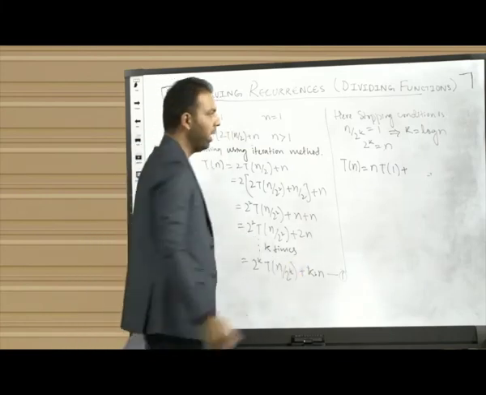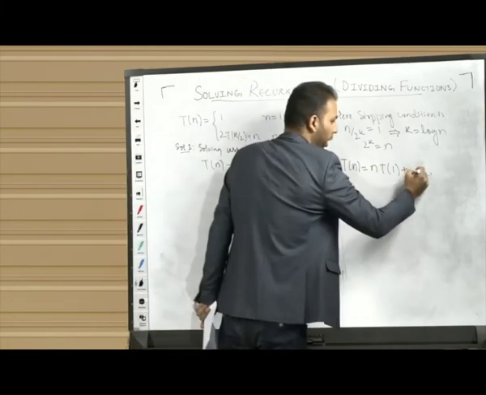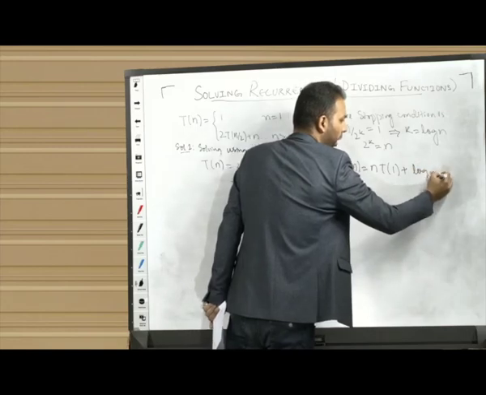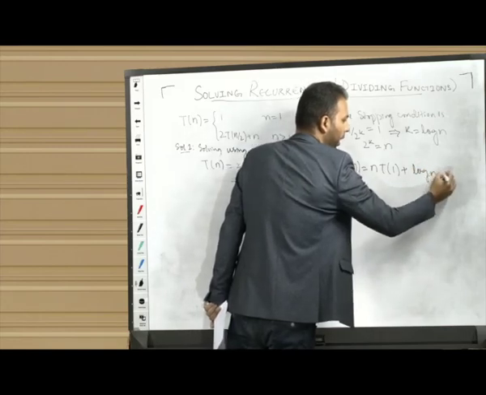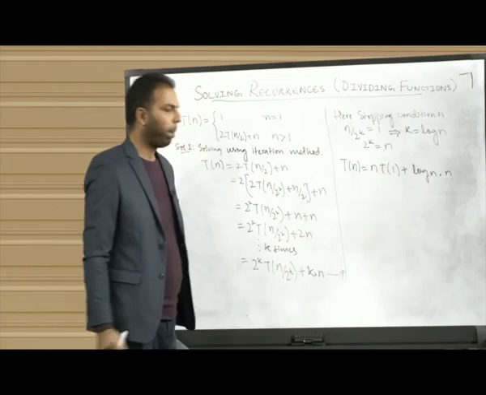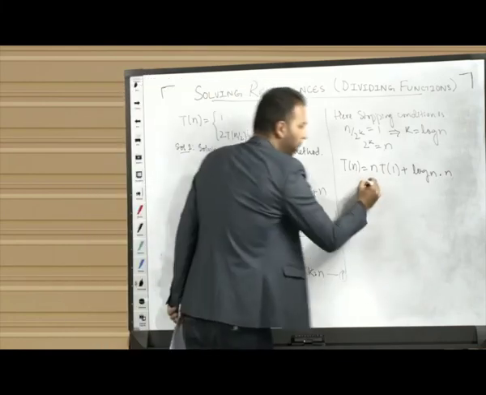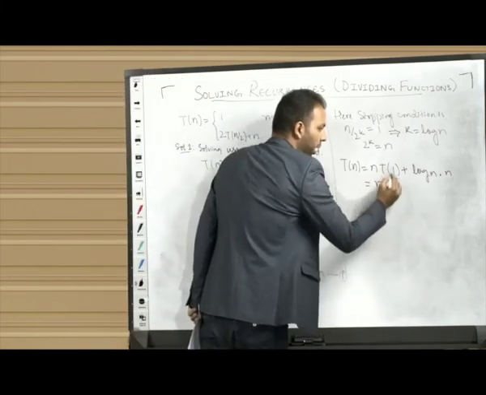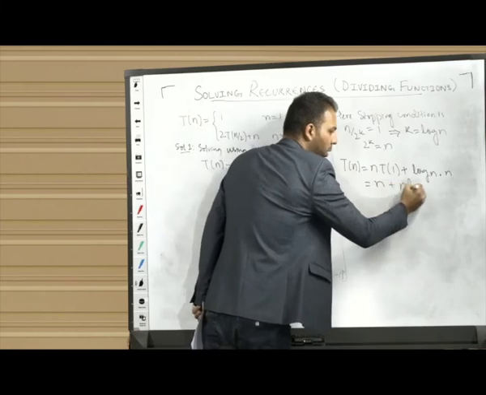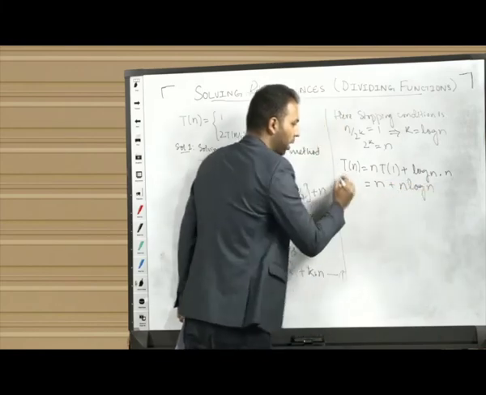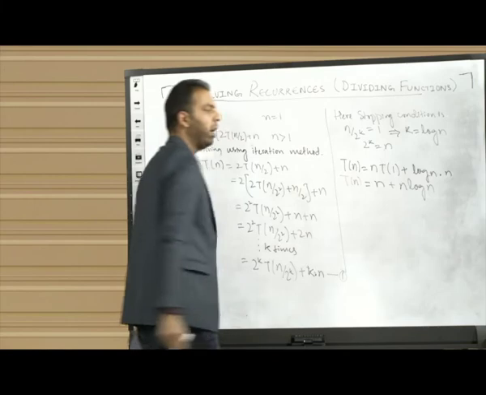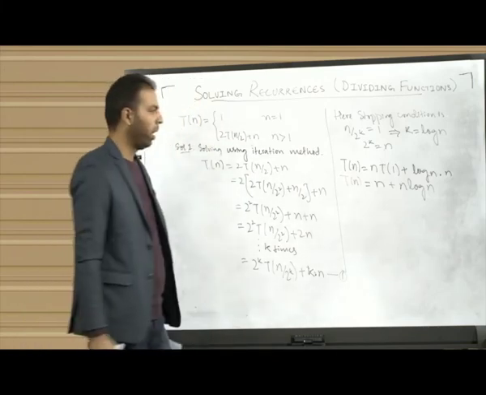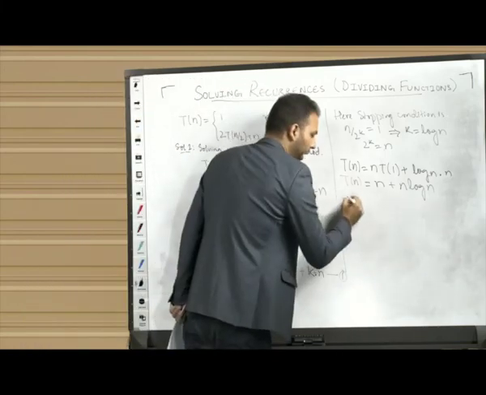So what is k? k is your log n, multiplied by n. Okay. So it will be equal to n, t of 1 is 1, plus n log n. So your t of n is n plus n log n.